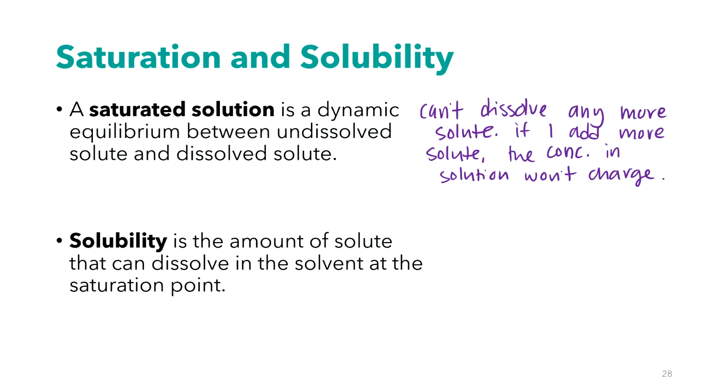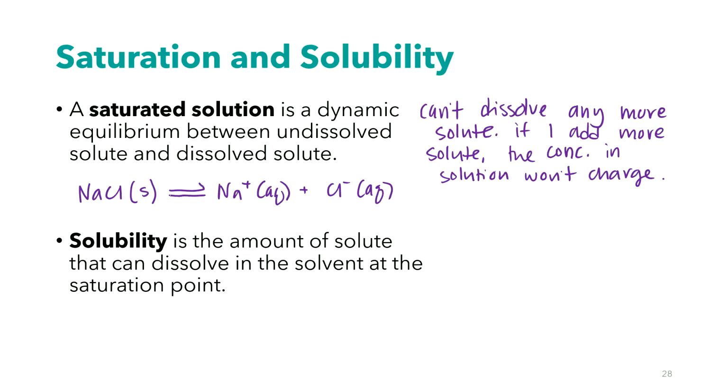So we can think about it for salt as like, hey, I've got NaCl solid sitting at the bottom of my cup. Some of it is dissolving and making Na+ in the aqueous phase and Cl- in the aqueous phase. But at the same time and at the same rate, I have Na+ and Cl- going back and resolidifying.